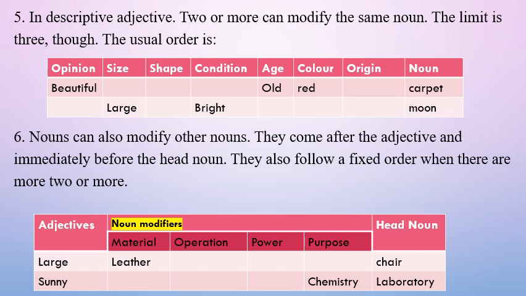If you look at my chart here, we have adjectives, we have noun modifiers, and then the head noun. The noun modifiers again need to follow a fixed order: material, then operation, power, and then the purpose why you use that item, for instance. Again, we'll give some sentences for this part of the chapter.